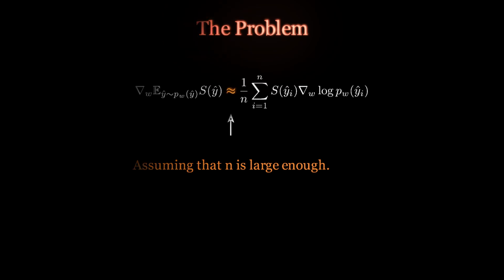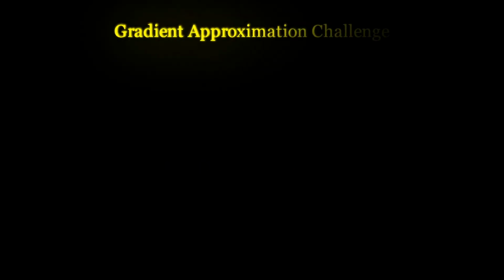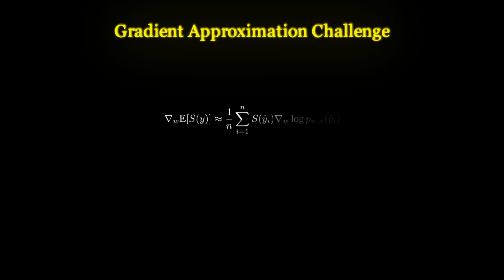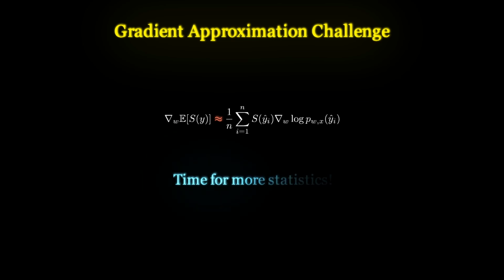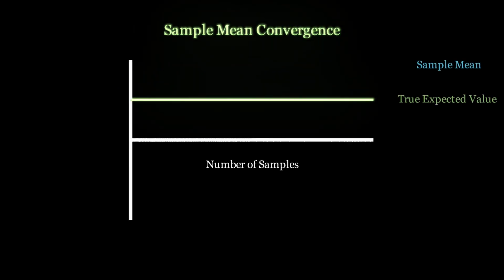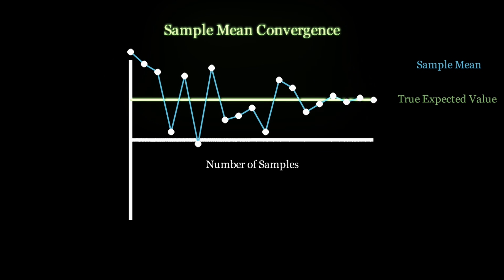If we want our reinforcement learning algorithm to perform better, we need better ways of approximating this gradient using fewer samples. And in order to understand how to get more efficient approximations, we need to know a bit more statistics. As we saw before, when you evaluate a function on samples and average the result, you will converge to the expected value as the number of samples approaches infinity.